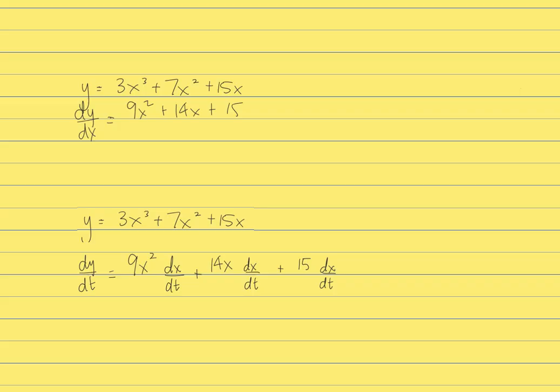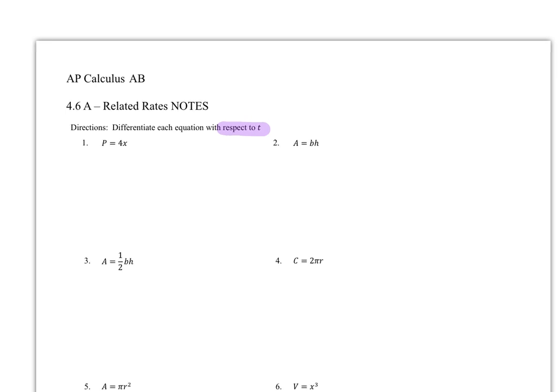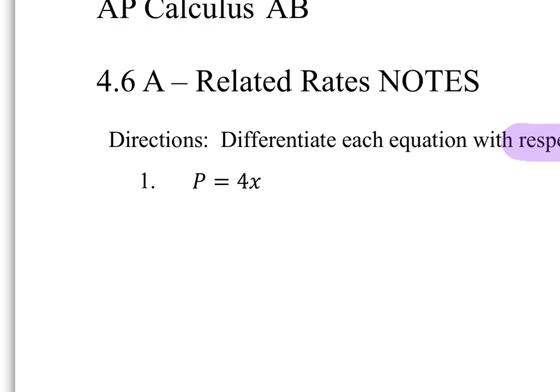So now when I go to do these problems, and notice it says that I'm doing these derivatives with respect to t, I'm going to have to add in notation on every single one of them that I am doing these derivatives with respect to t. Okay, so let's start with number one. The derivative of p with respect to t, and the derivative of this side is just the 4, but it's the derivative of x with respect to t.